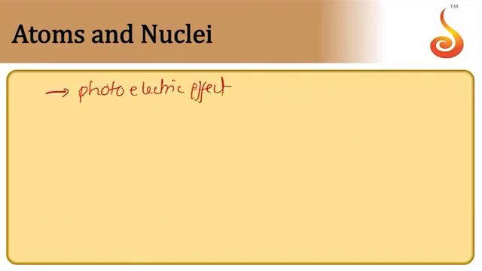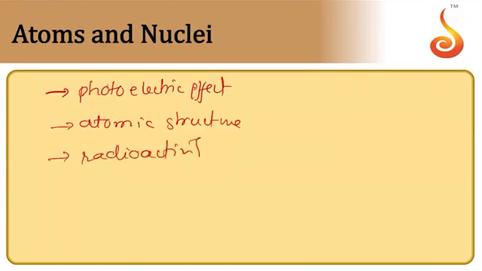Then we will take up the discussion of atomic structure. Then we take up the discussion of radioactivity. And finally, the idea of nuclei. So these are the four important concepts as far as this entire chapter is concerned.